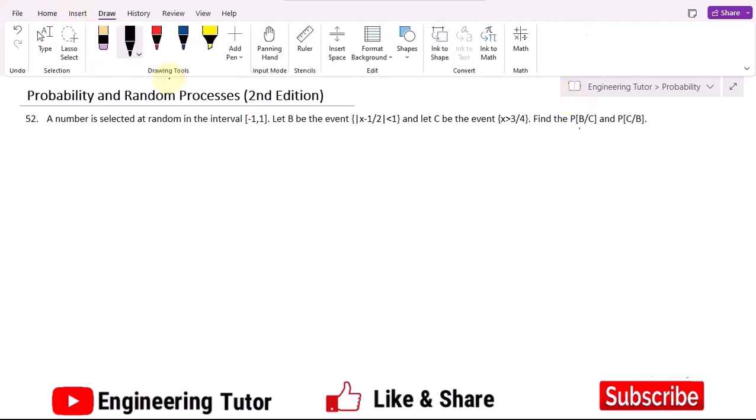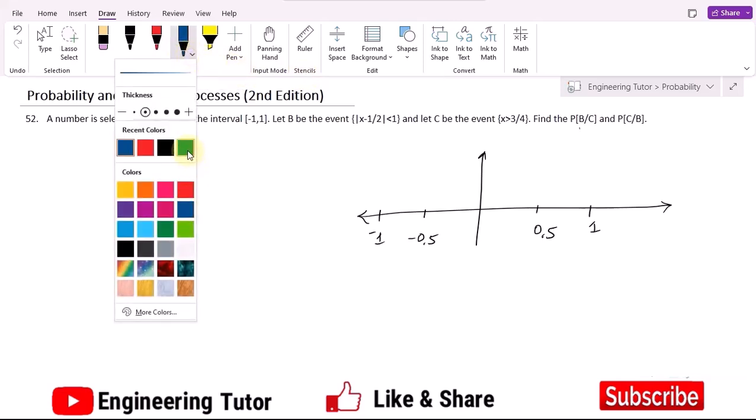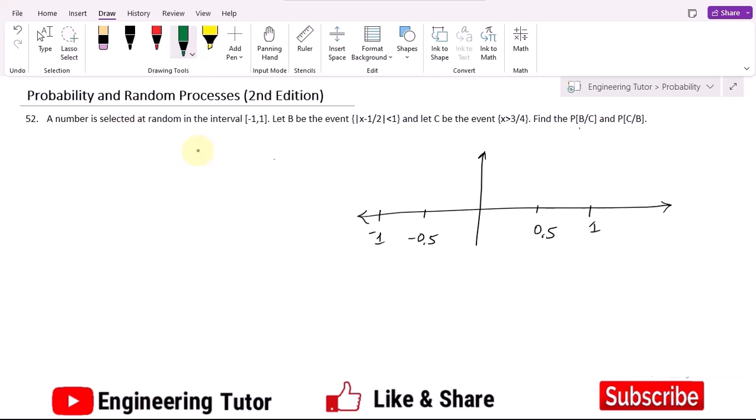So let me now again see what was there. There we had these lines, and here we had this 1, this -1. This is minus 0.5, this is 0.5 as well, and here we had basically two events. Event B, I basically represented with this green color.